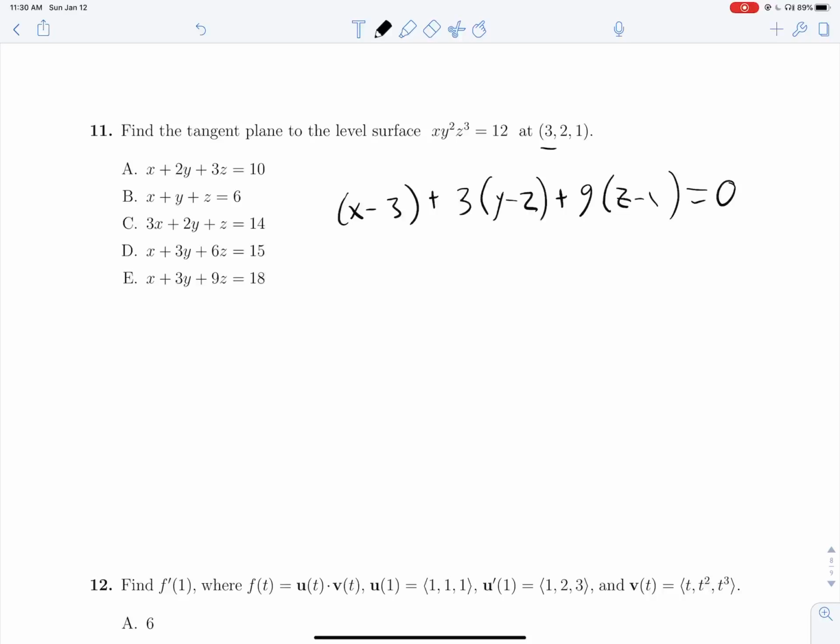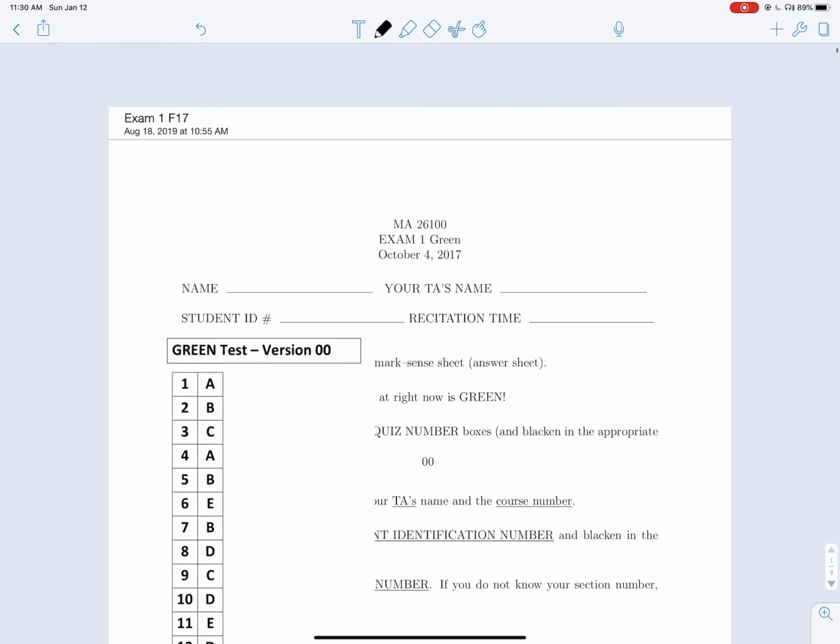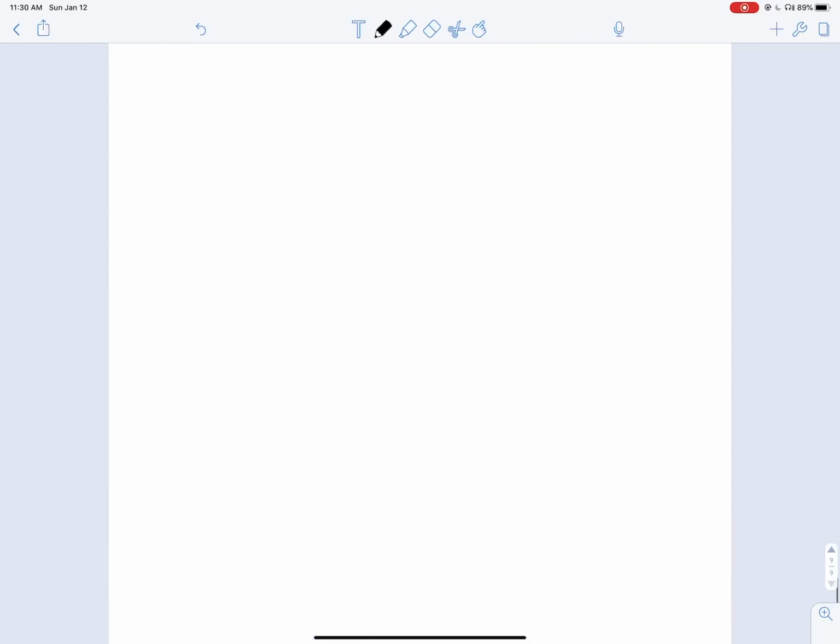And in fact, we see that there's only one choice where we get 3, 6, 9 as our coefficients. So that one better be correct. And yeah, it is, because we will get x plus 3y plus 9z minus 3 minus 6 minus 9, which is the equivalent of 18 on that side. Let me just make sure. Yep, we are good.